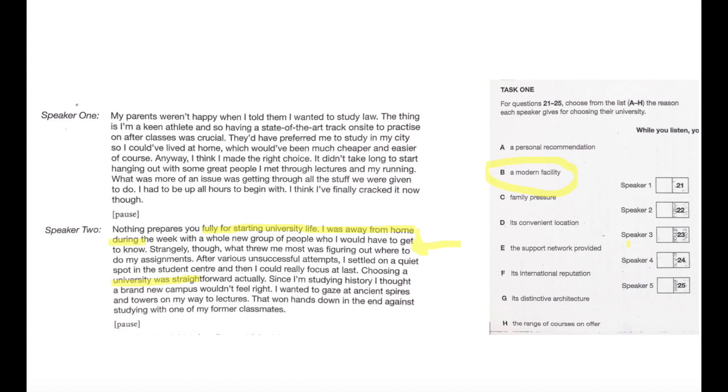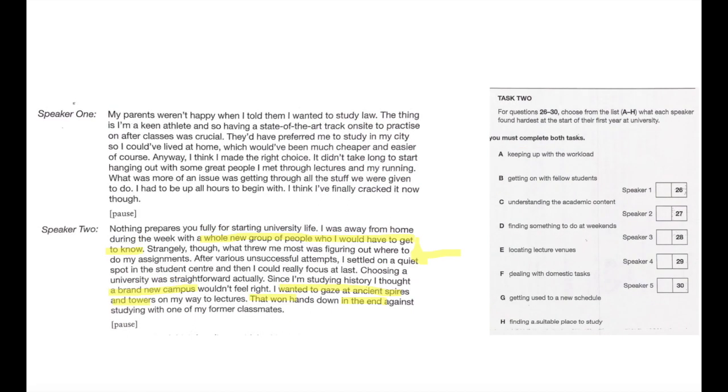Because in the next sentence, I wanted to gaze at ancient spires and towers on my way to lectures. That won, hands down, in the end, against studying with one of my former classmates. The brand new campus was the distractor, even though as a synonym it matched one of the choices. The actual answer came after the distractor, but you'd have to listen closely to get that.